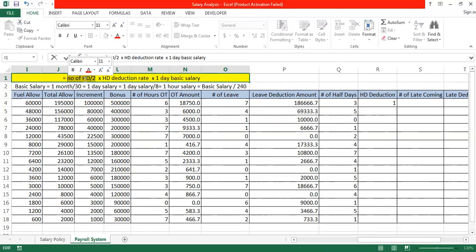And in this way every second half day will give us the deduction, and on one half day there will be no deduction.